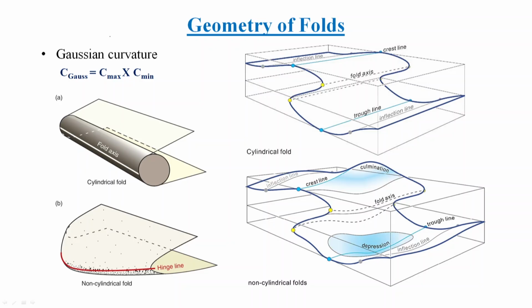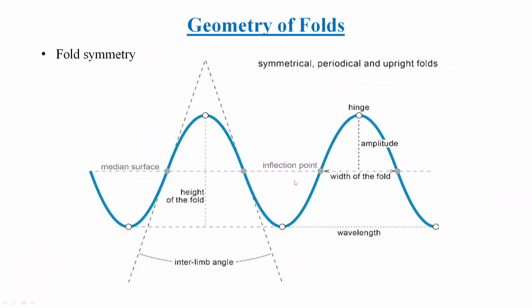The maximum curvature is recorded at the hinge point, and the minimum curvature at the inflection point. So if this multiplication gives 0, the Gaussian curvature of a cylindrical fold is 0. Any other number gives a non-cylindrical fold like this one. Here the fold axis is straight, and here the fold axis is curved in nature.